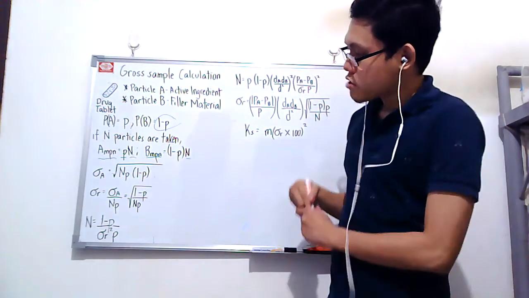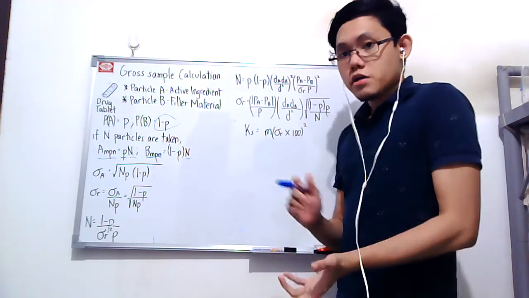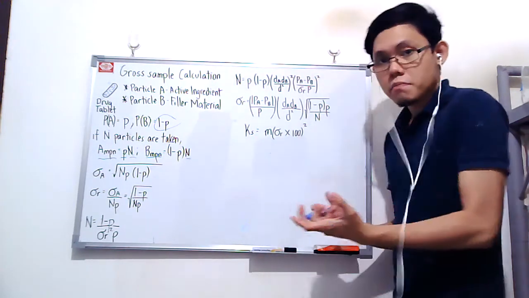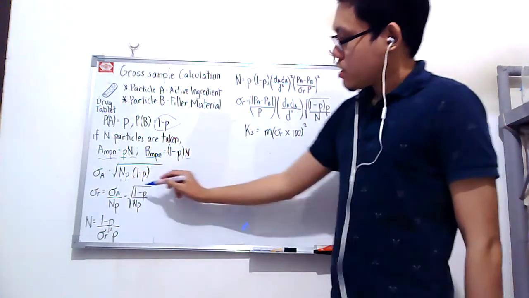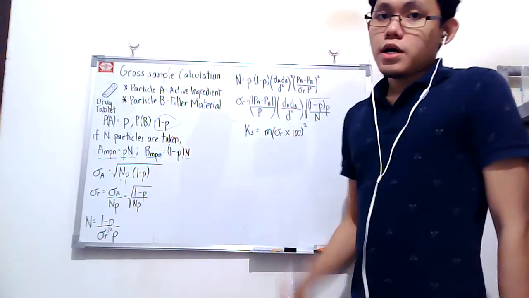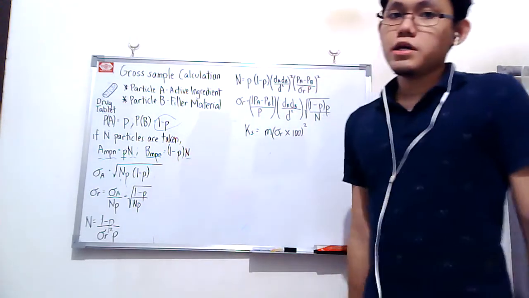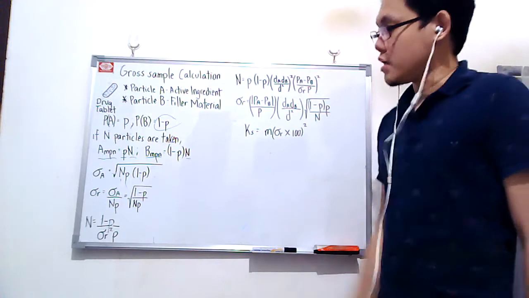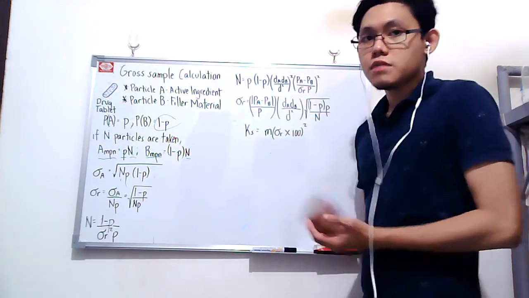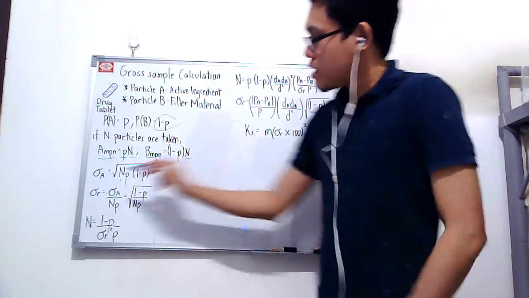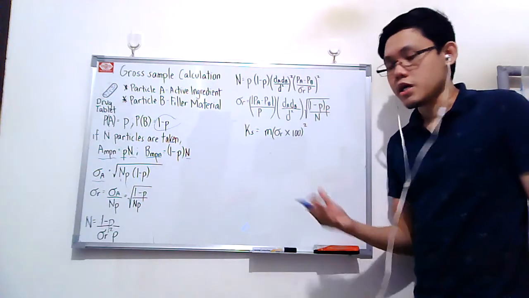So, dito sa equation na to, if we take it apart, part by part, itong n is your number of particles, p represents your particle A, and then 1 minus p represents your particle B. Kung mapapansin natin dito, ang representation ng standard deviation ay small letter sigma, if I'm correct.